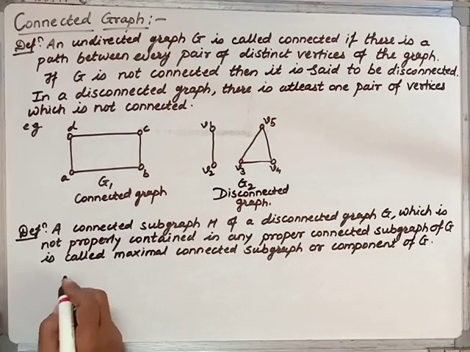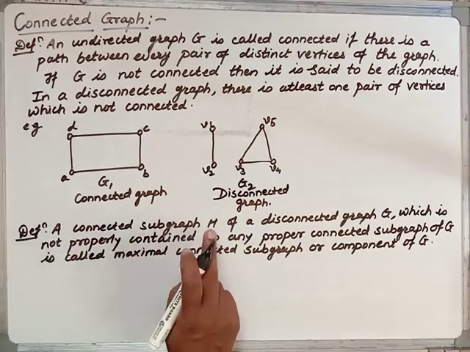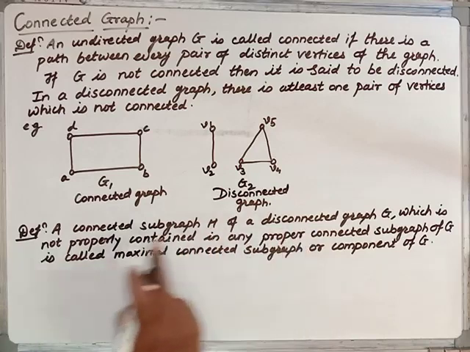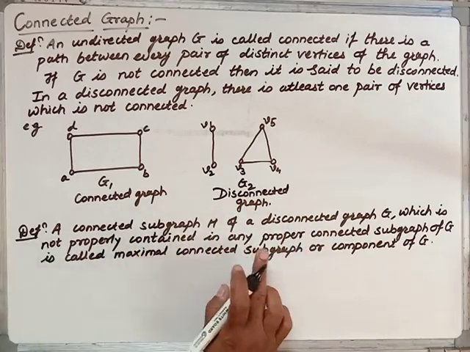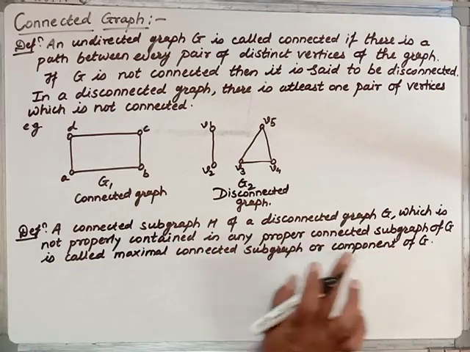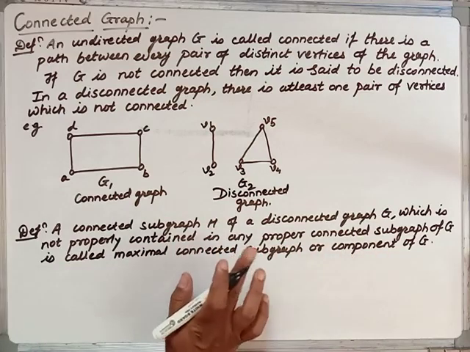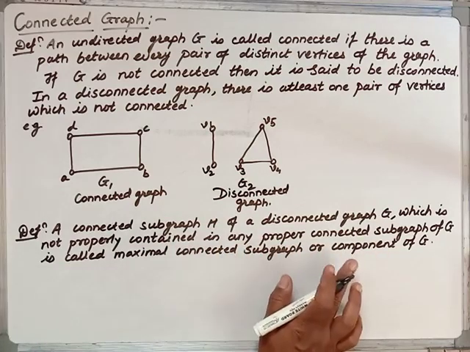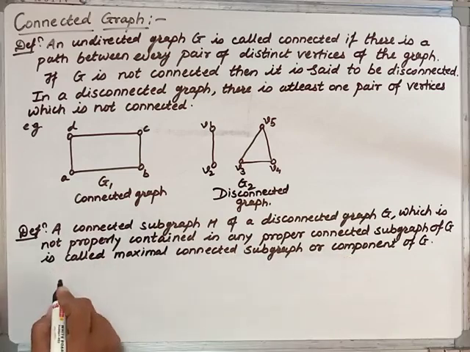What does it say? Such a subgraph of a disconnected graph G which is not properly contained in any proper connected subgraph of G is called a maximal connected subgraph, or it is also known as a component of G.